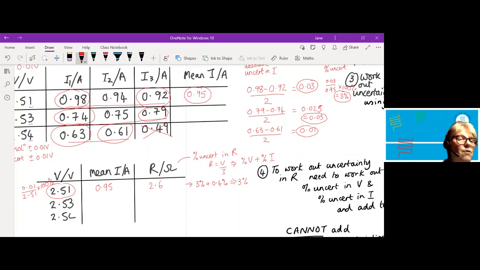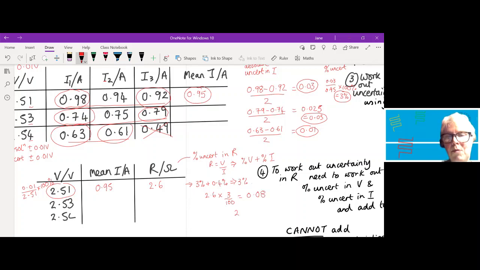So now what is 3%? If you times 2.6 by 3 over 100, to get 3% of it, 2.6 times 0.03 equals 0.08. So the uncertainty would be 0.08.